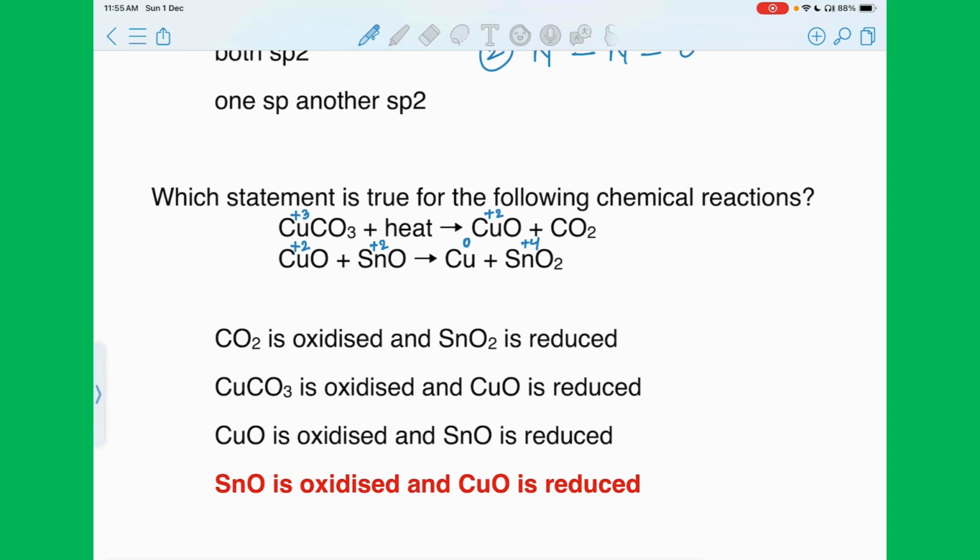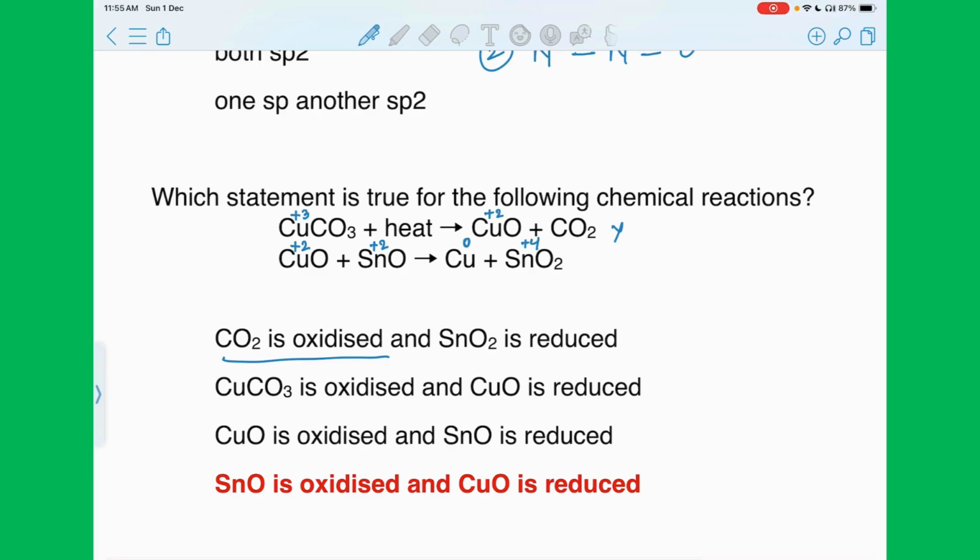So we see that carbon dioxide's role is not there, that carbon dioxide is getting oxidized, which is not true here. And CuCO3, let's check for the CuCO3, which is getting oxidized, wrong, because CuCO3 is not getting reduced.